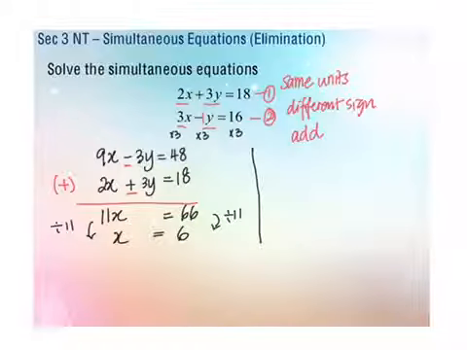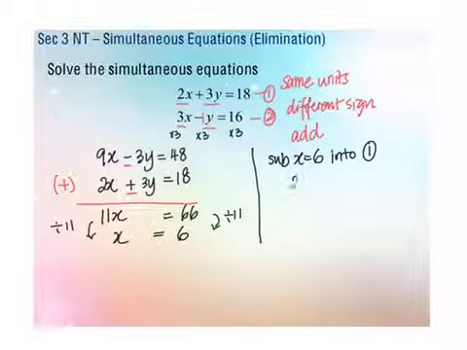Then, after I found x equals to 6, I'll need to find the value for y. I'm going to sub x equals to 6 into one of the equations. You can choose either equation 1 or equation number 2. So in this case, I'll just put it into equation number 1.